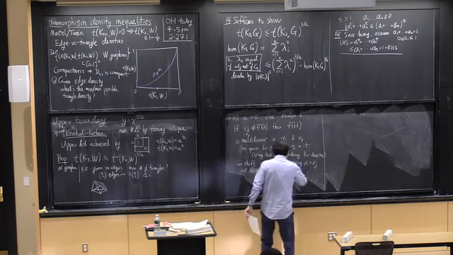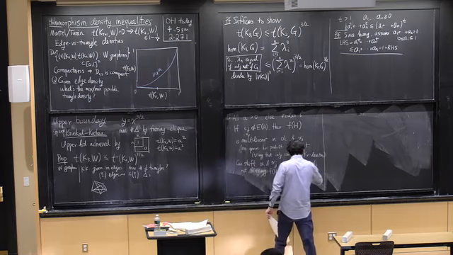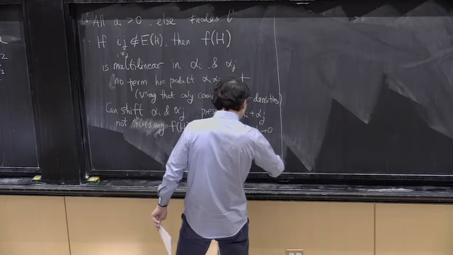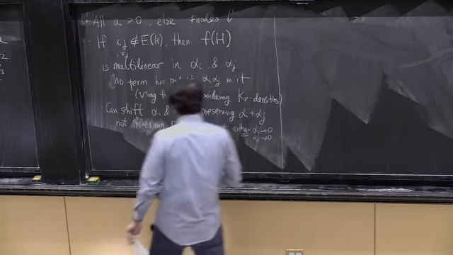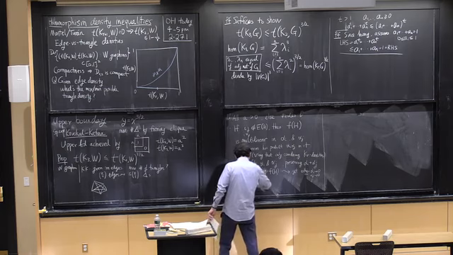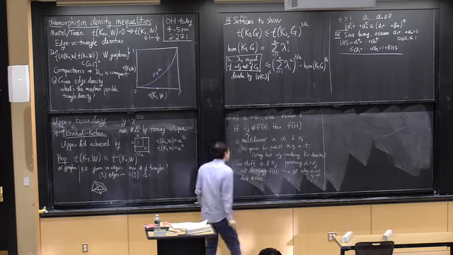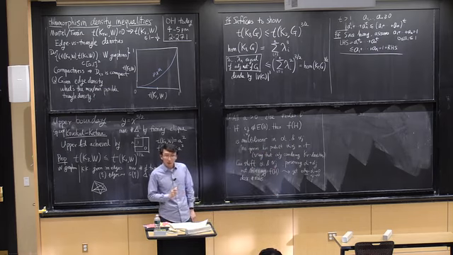And then we get either alpha i going to 0 or alpha j going to 0, in which case we decrease the number of nodes, thereby contradicting the minimality assumption.